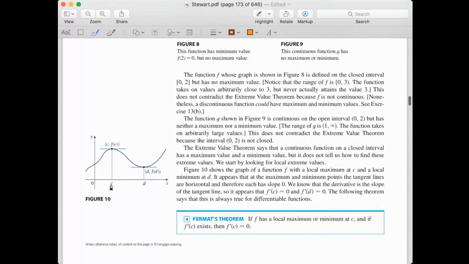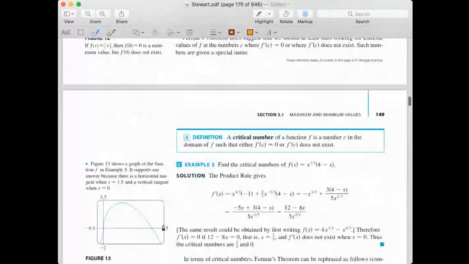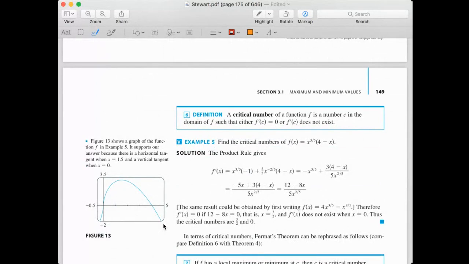So this is c. So the values of x here are c and d. We give them a name. We call c and d critical numbers, and we call the point c, f of c, a critical point. The critical number of a function f is a number c in the domain of f such that either f prime of c equals 0 or f prime of c does not exist. We call the x values critical numbers.